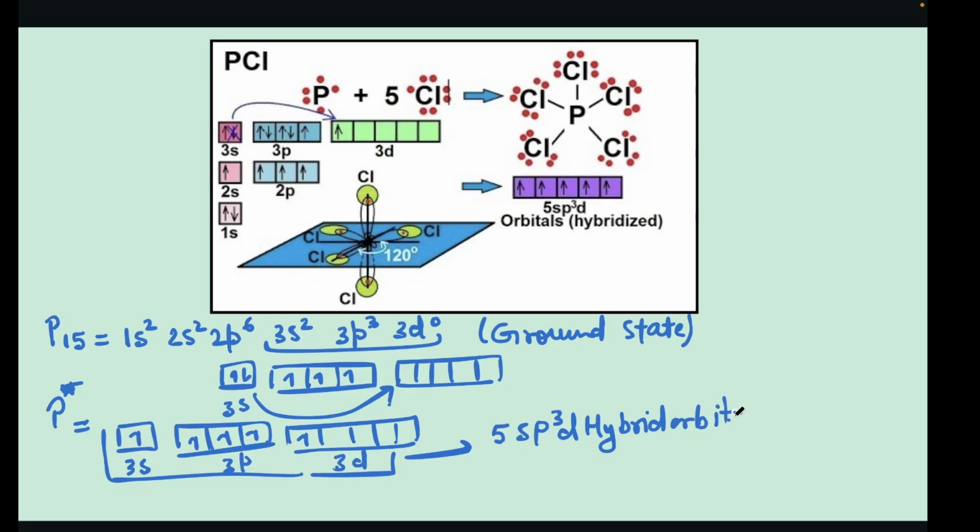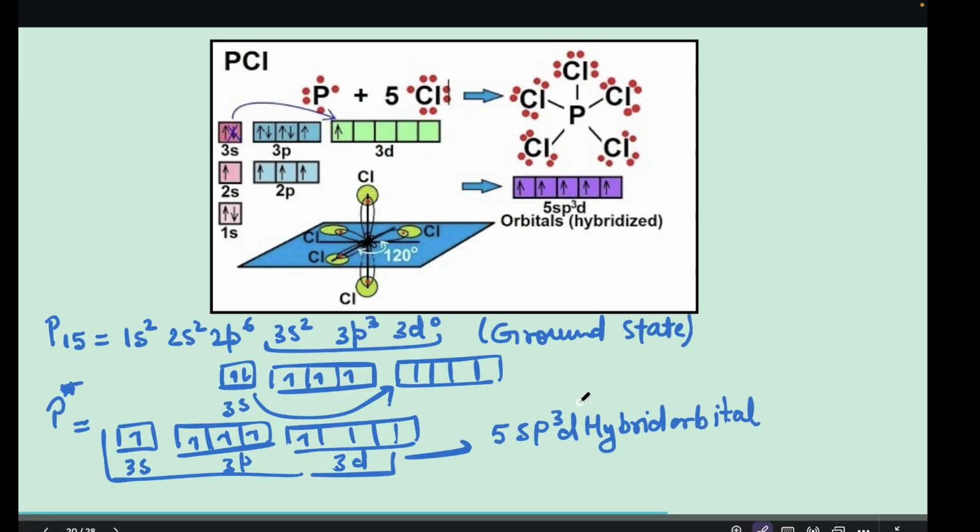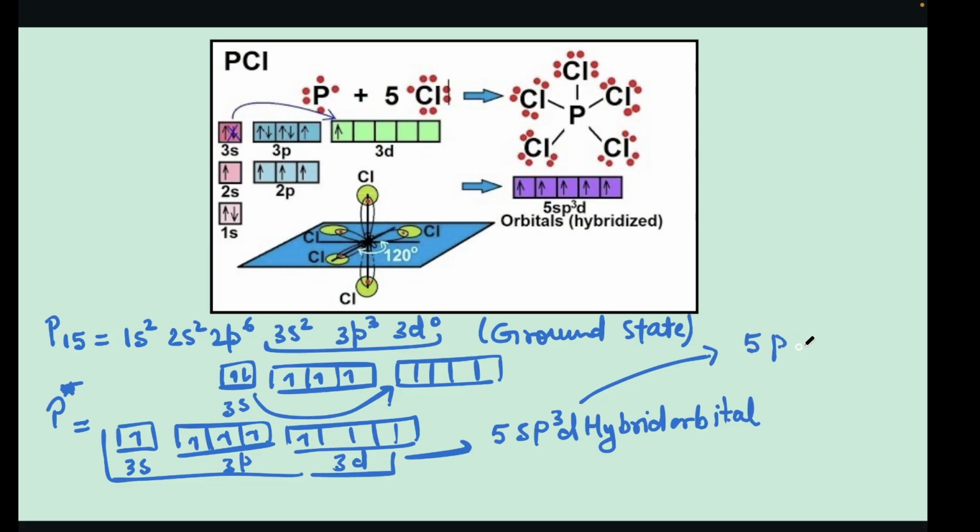These hybrid orbitals overlap with 5 p orbitals of chlorine, because chlorine has atomic number 17.